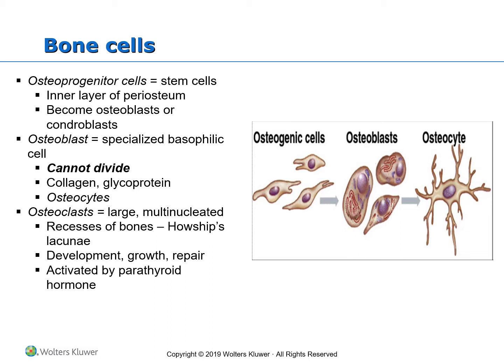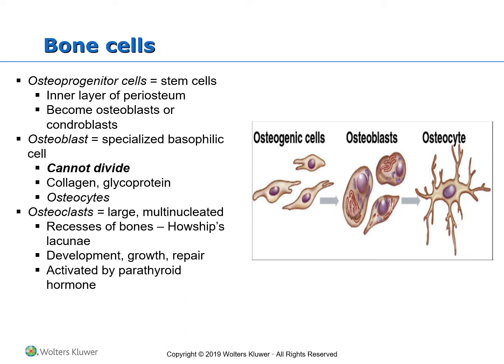Periosteum is a tiny membrane that covers our bones everywhere. Those osteoprogenitor cells have the capability of becoming either osteoblasts or chondroblasts. So they can become young cells able to manufacture either cartilaginous matrix in chondroblasts or bone matrix as osteoblasts.